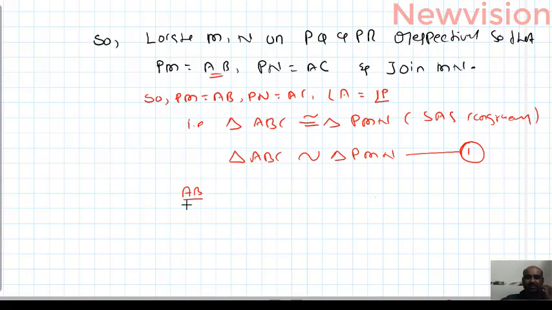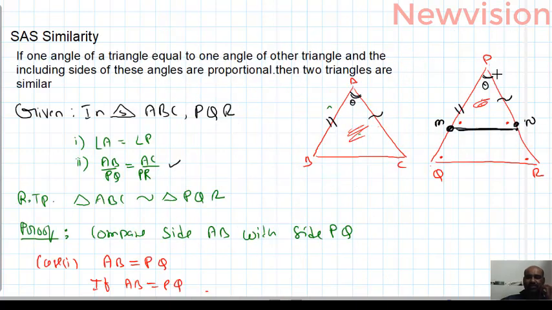AB by PQ equal to AC by PR, given. So instead of this AB I can write PM, PM by PQ. Instead of this AC I can write PN by PR. So PM by PQ equal to PN by PR, what is the meaning of that?